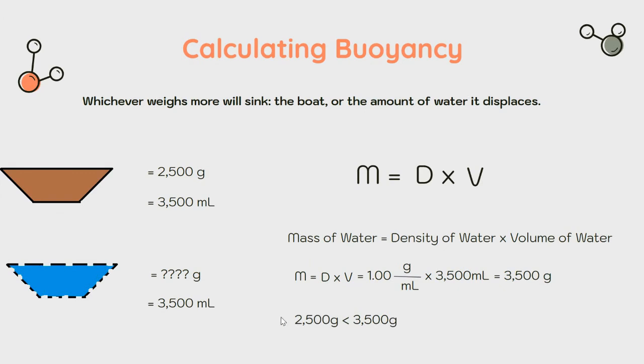We know that the boat, 2,500 grams, weighs less than the water. Saying that again here, the boat is less than the water. Therefore, the boat is going to float. Essentially, that water is more dense, or dense enough, that it will sink below the boat because it will weigh more than the boat. If we changed liquids and changed this density, that very well may not be the case. And that's what you'll practice in this section's practice.